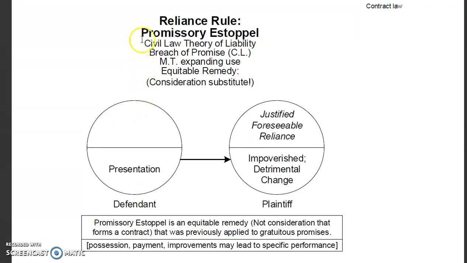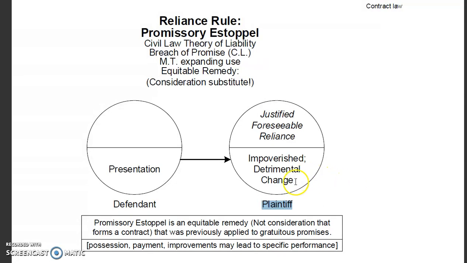The theory of promissory estoppel, or the reliance rule, occurs when the defendant, in this case owner, makes a presentation, some sort of outward manifestation, in this case consent to a waiver of the use of the high quality paint, to the plaintiff, in this case builder, and the builder went ahead and used the low quality paint and now is being called to repaint the shed or strip down the shed and use the high quality paint.